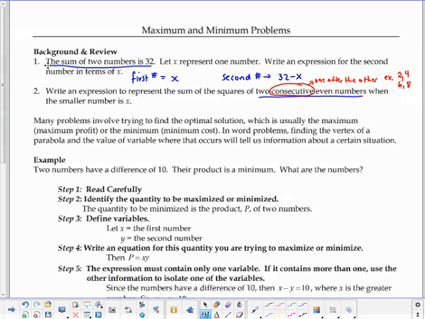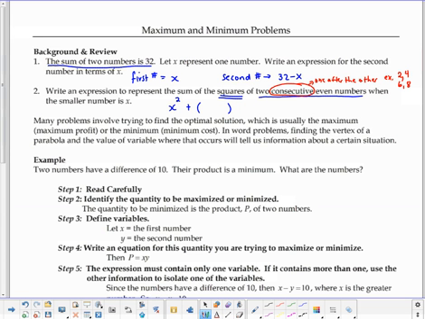So it says when the smaller number is x, the sum of the squares of two consecutive even numbers. Now the squares, what am I doing to these numbers? Squaring them. So it would be x to the power of 2, plus, the sum is we want to sum the two numbers. What would be the next number?